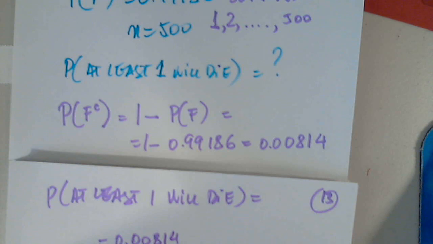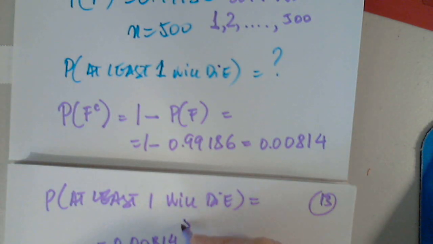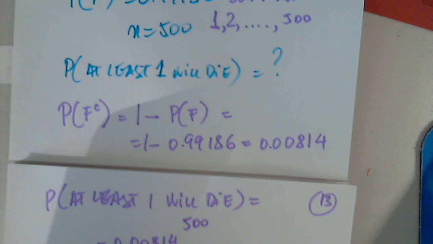The probability that one person will die, but at least means 1 or more, to 500.